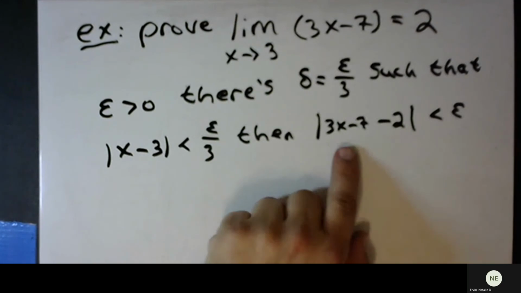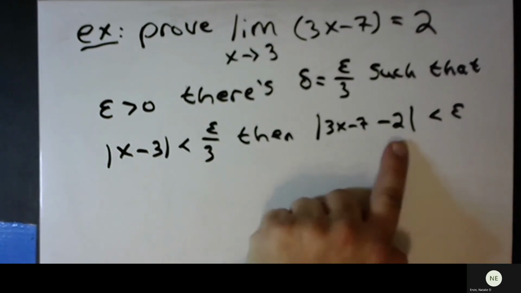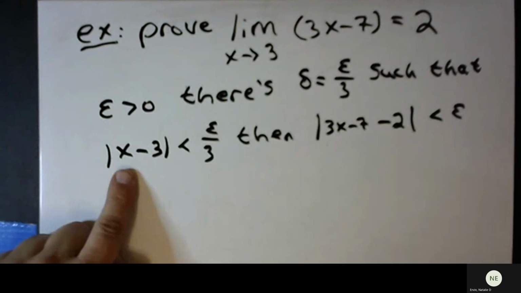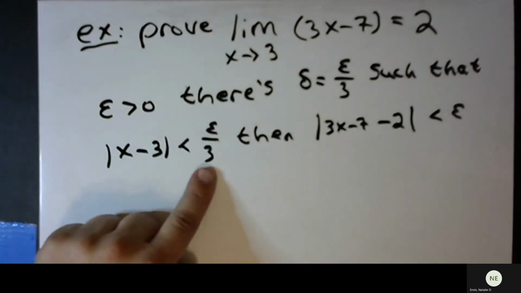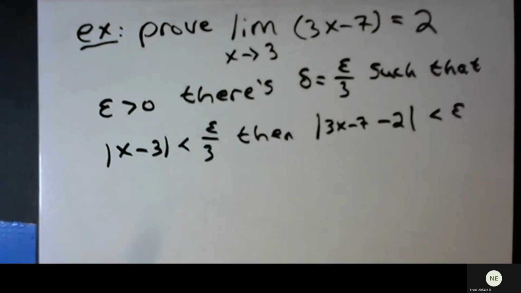And so if we want our function within epsilon units of 2, we've got to have x within epsilon over 3 units of 3.